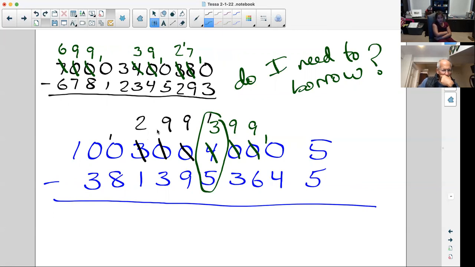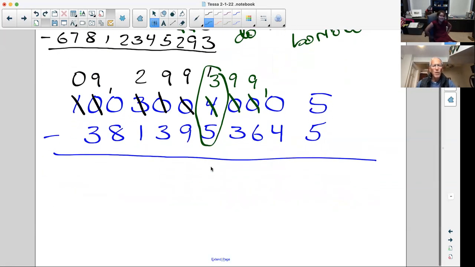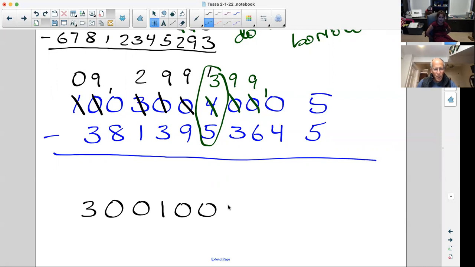And then we borrowed that from the other 0, which becomes a 9. And then we borrowed that from the 1, which becomes a 0. Okay. And so Tessa, you came a lot closer to getting that right.